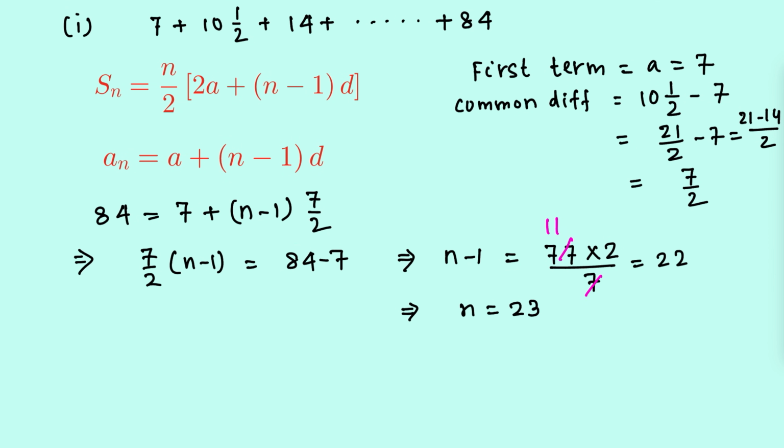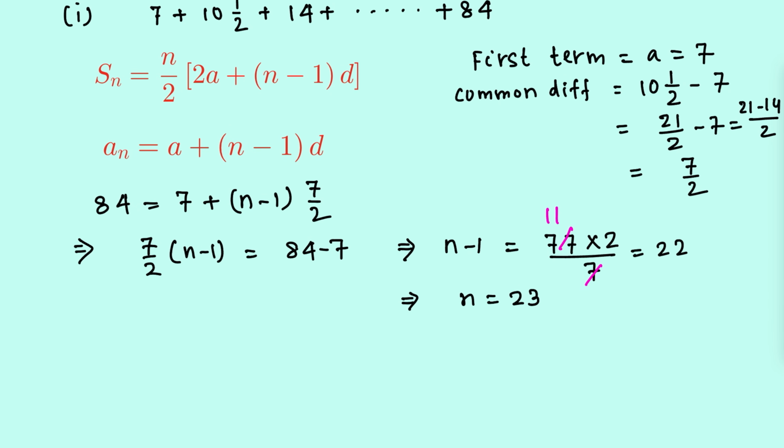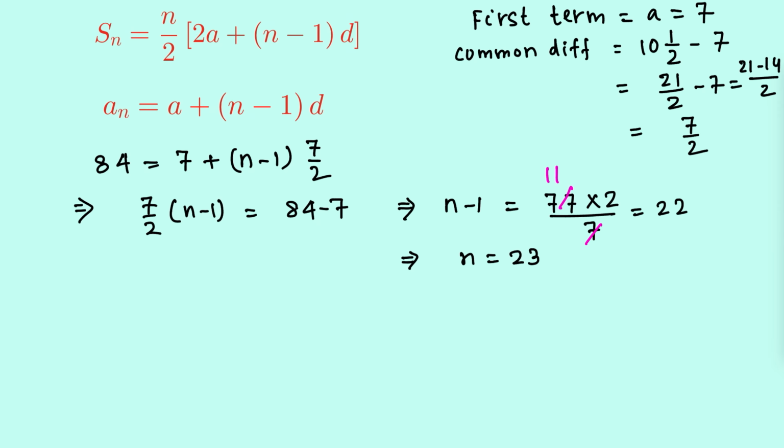Now we have all these values to find Sn. Either you put them in the earlier formula, or you can also use another formula for Sn. I think it is easier now, after getting the first term, last term and the number of terms.